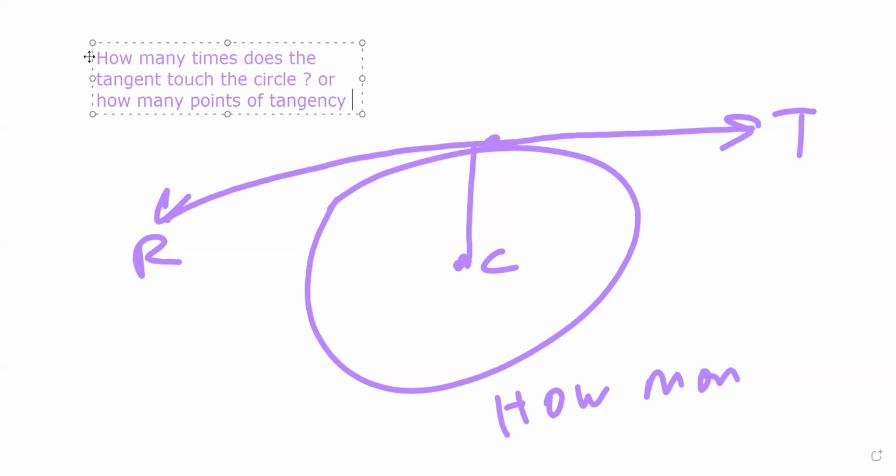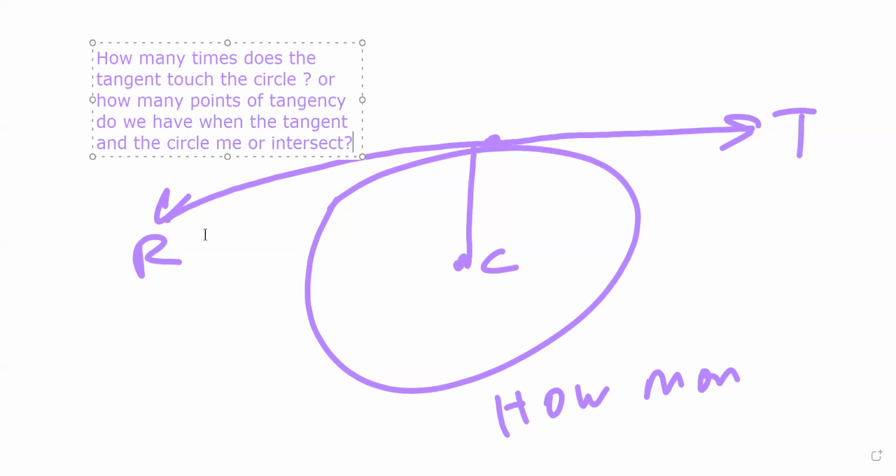Let me phrase it a different way. How many times does the tangent touch the circle, or how many points of tangency do we have when the tangent and the circle meet or intersect?